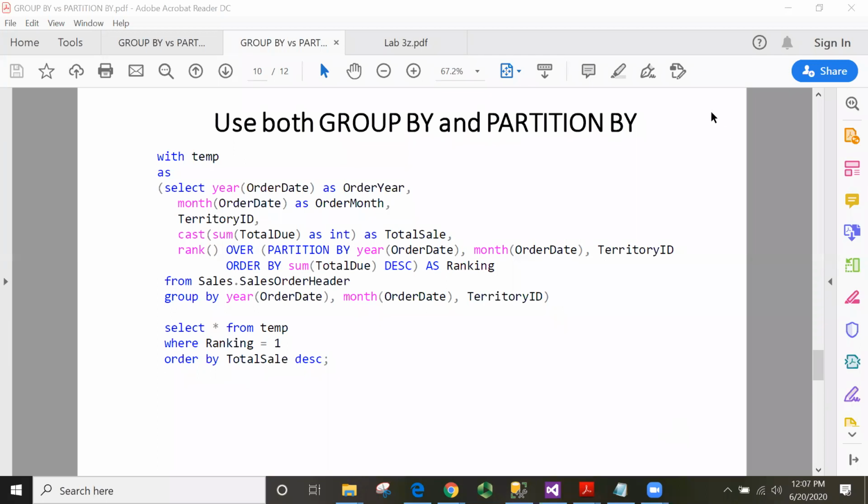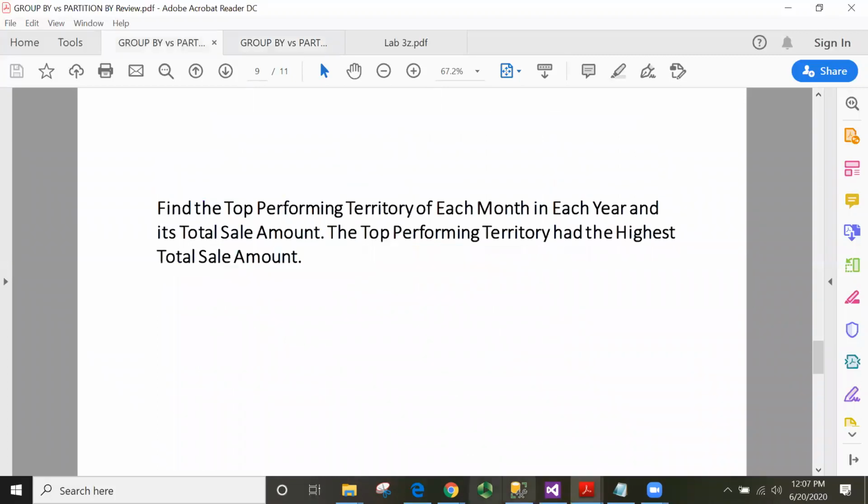I want you to take a very close look at the solution and let me know whether you like it or whether this is a good solution. Again, the question.